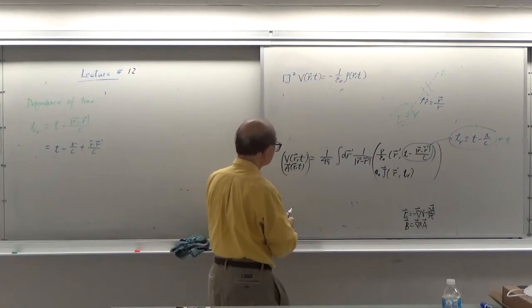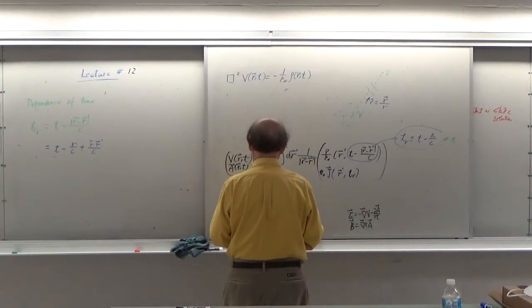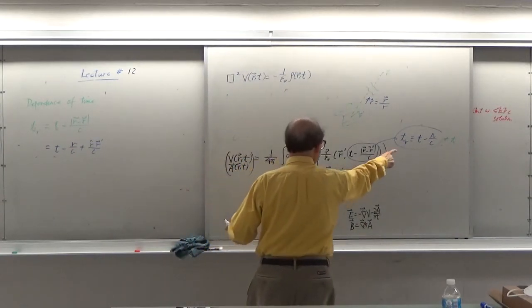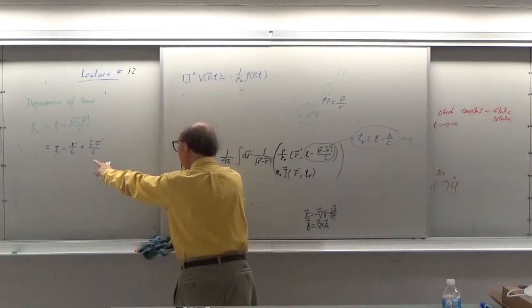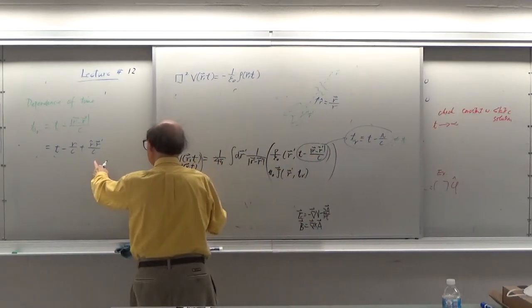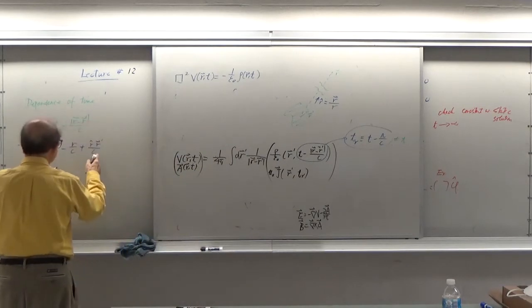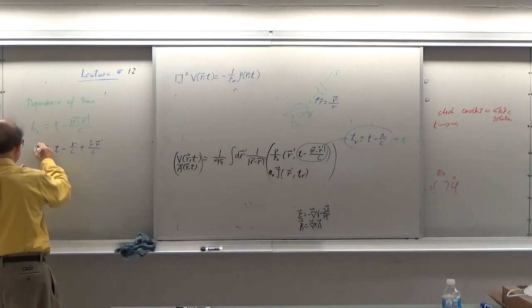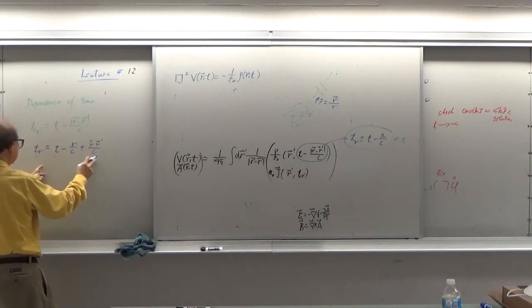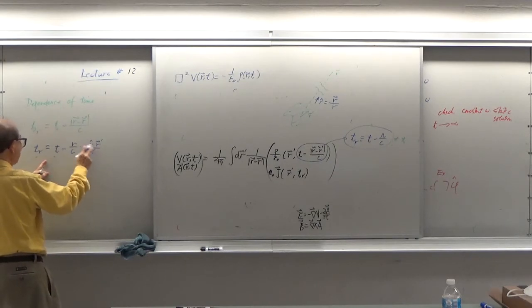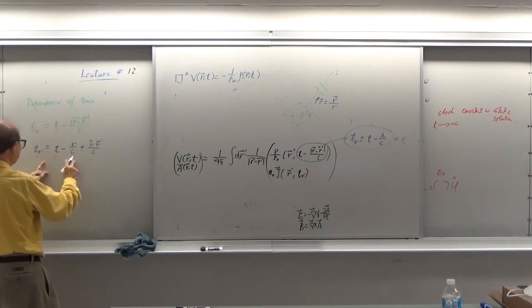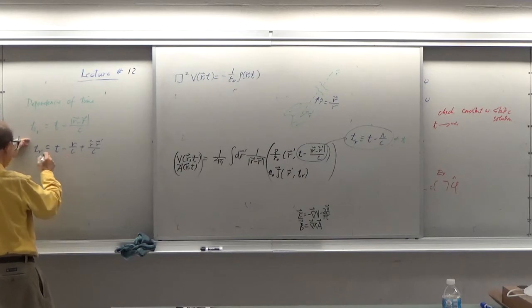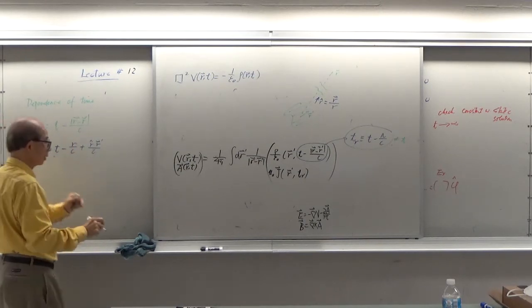So the retarded time can now be replaced by this. From now on, in fact, I will call this my retarded time, even though that was only an approximation of the retarded time. But from now on, I will call this combination of T and R prime the retarded time.